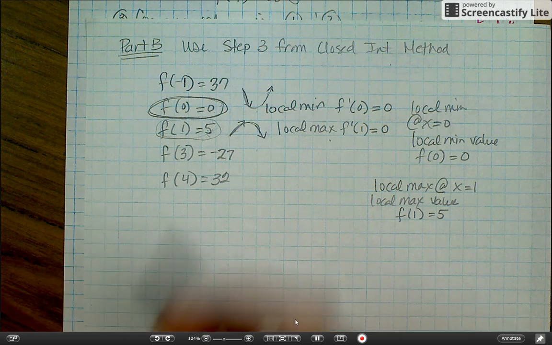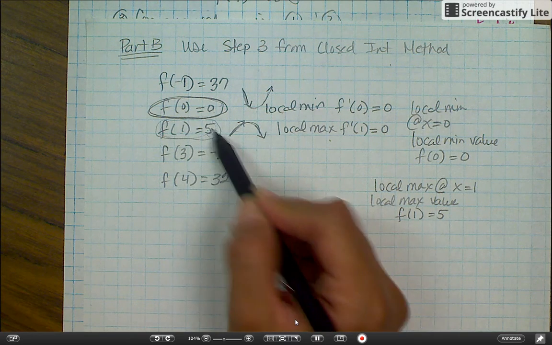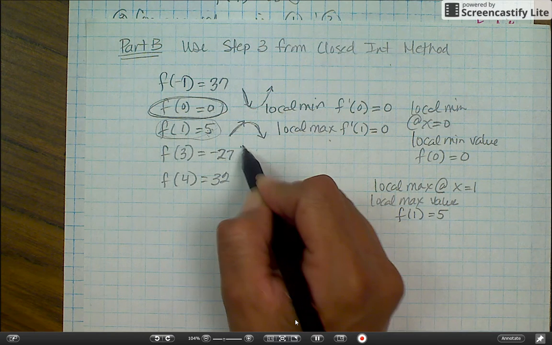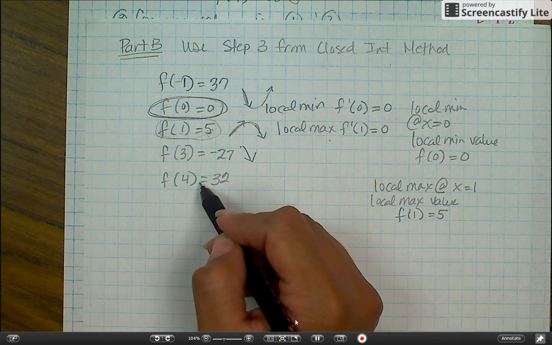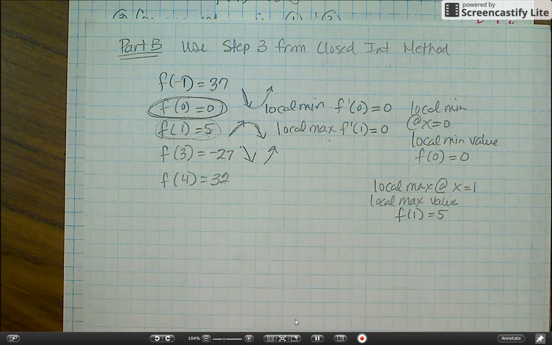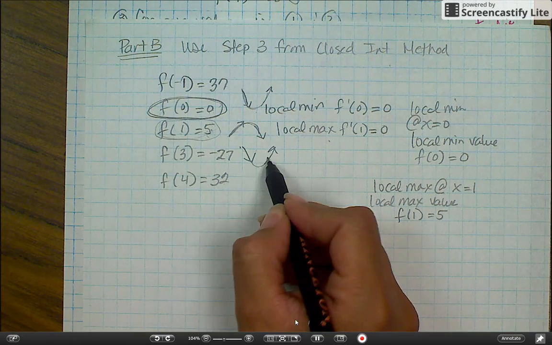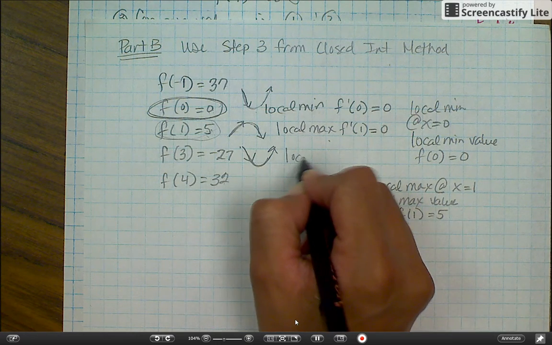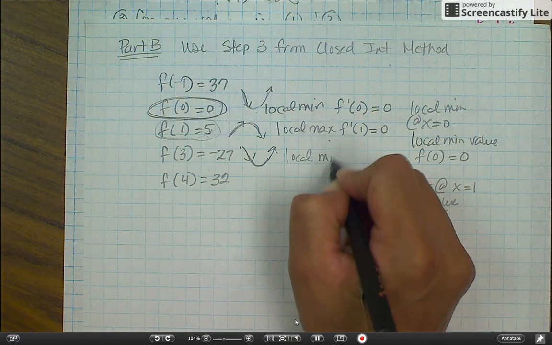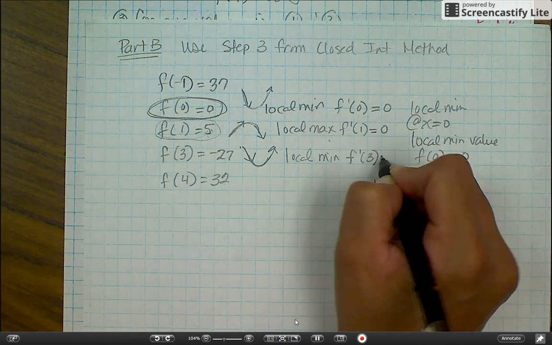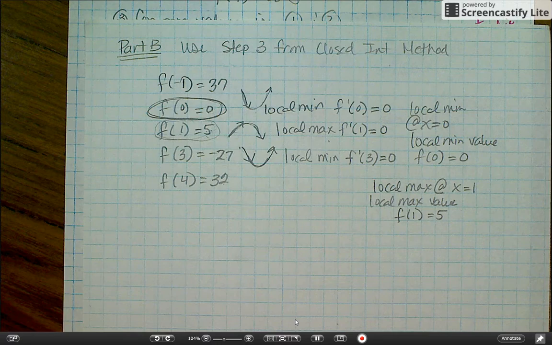And then I will do this again. I will go from 5 to negative 27. I know it went down. And then from negative 27 to 32, the function went up. And so it created this. Therefore, that is a local minimum. F prime of 3 we know is also 0.